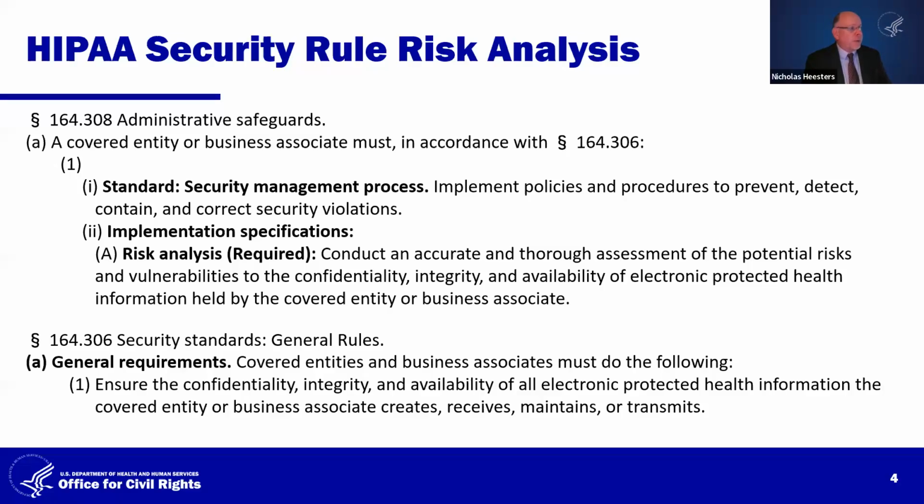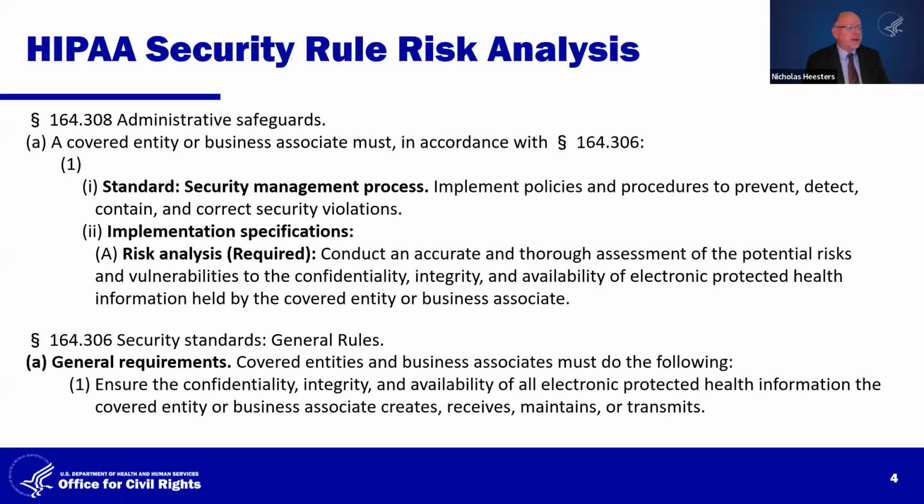The first one of which is the security management process standard, which requires covered entities and their business associates to implement policies and procedures to prevent, detect, contain, and correct security violations. And the first implementation specification underneath the standard is the risk analysis requirement.